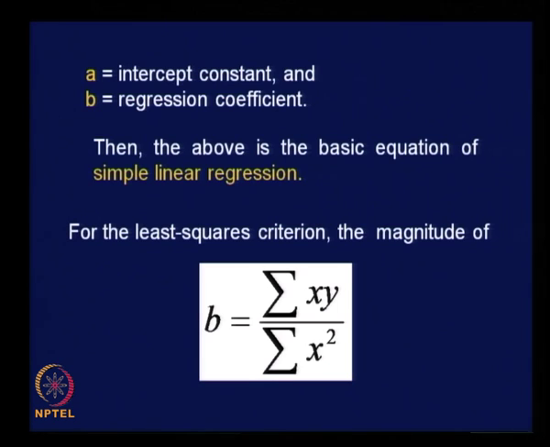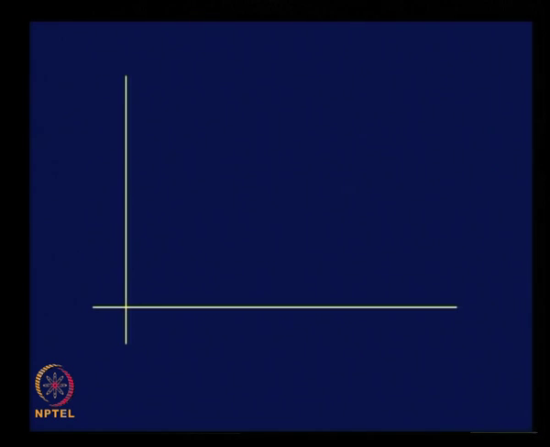That is the basis for this equation for b. As the name implies, we are looking for the square deviation of the y observations, and then we are trying to fit a straight line in such a way that the sum of the square deviations is minimum.